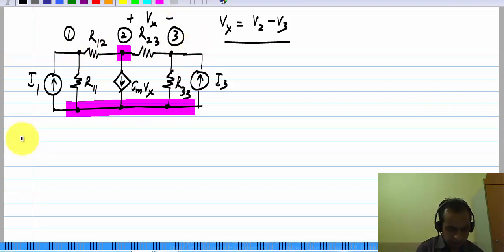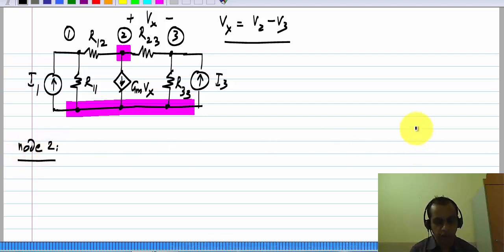So if I write the equation for node 2, what will I get? The total current flowing out of this node, which is the sum of this current, that current, and this current, will be equal to 0.